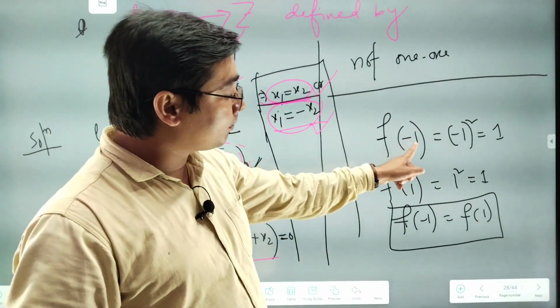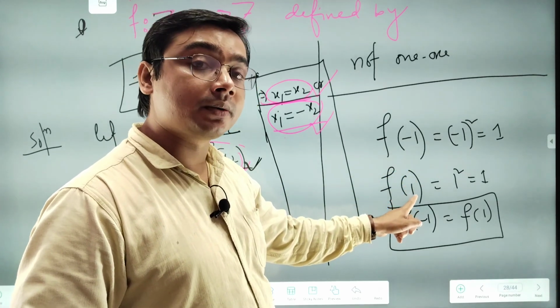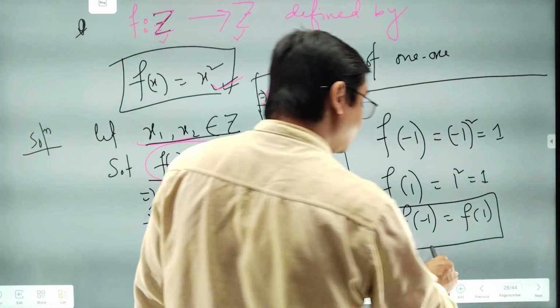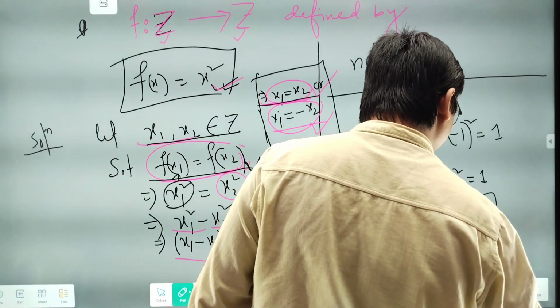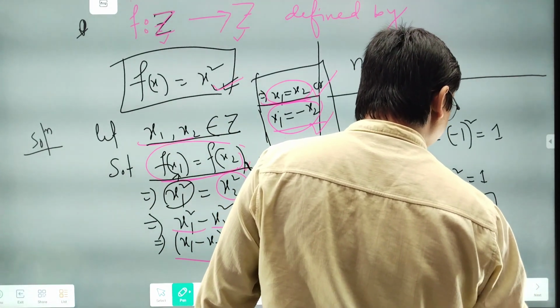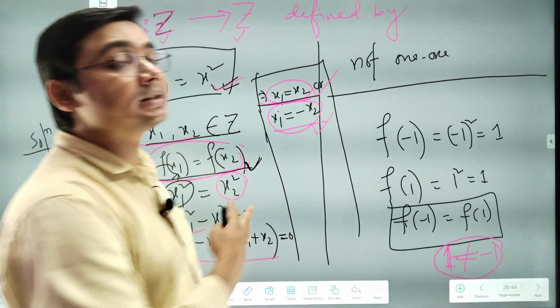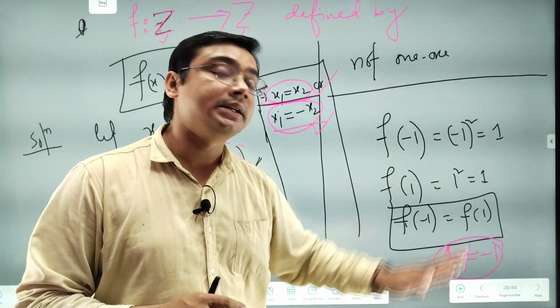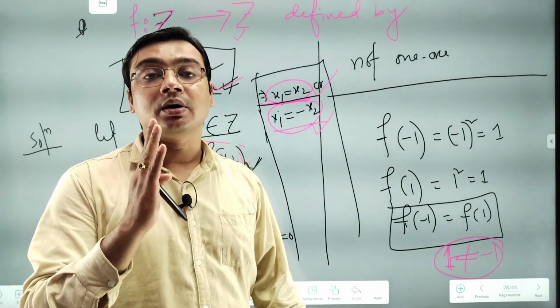That means the image of minus 1 and the image of 1 are the same. Both are the same. But 1 is not equal to minus 1. They are not equal. That means there are two distinct elements which have the same image. That means this function is not one-one.